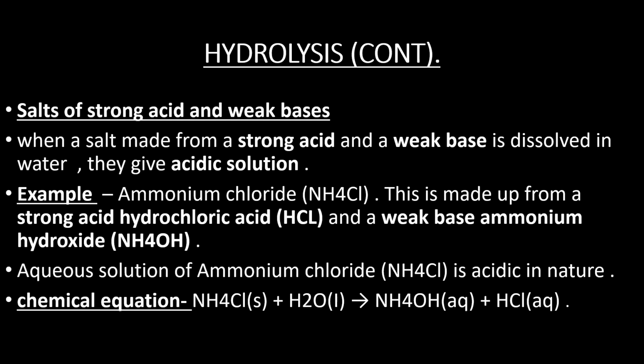So in the solution, the amount of hydrogen ion H plus will be more than the amount of OH ions. So the acid part will dominate. It means they will give the acidic solution always. Aqueous solution of ammonium chloride is acidic in nature. Its chemical equation is NH4Cl, ammonium chloride plus H2O. They will give NH4OH, ammonium hydroxide, and HCl, hydrochloric acid.